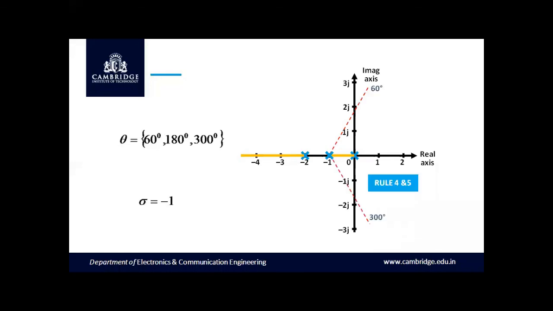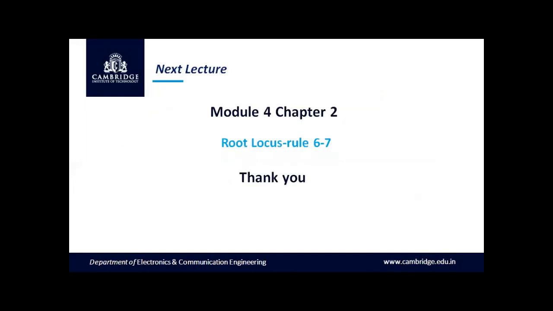Let us mark the angle as 60 degree, 180 degree and 300 degree. Hence, we have done with all the 5 rules and we have justified it taking many different examples. In the next lecture, let us discuss about rule number 6 and 7. Thank you.